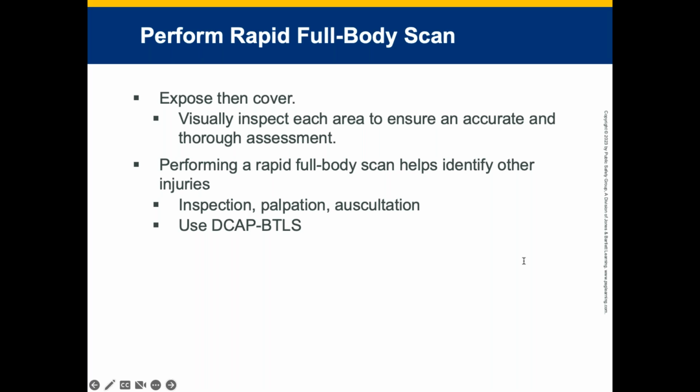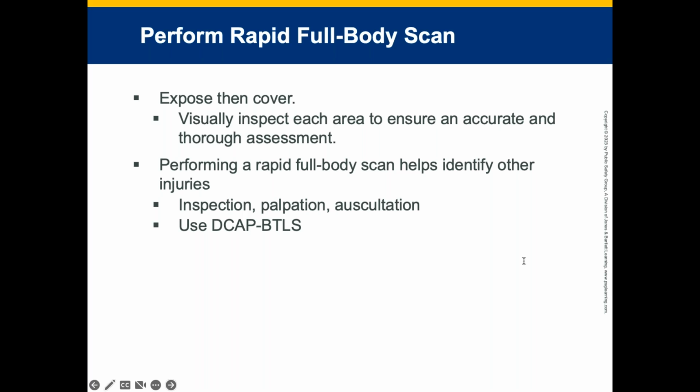So, guidelines on how and what to assess during the rapid full body scan. Inspection: looking at your patient for abnormalities. Look, listen, feel. Palpation: professionally touching and feeling the patient for abnormalities.